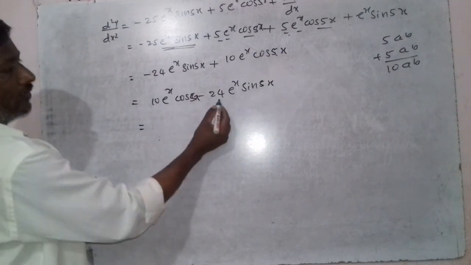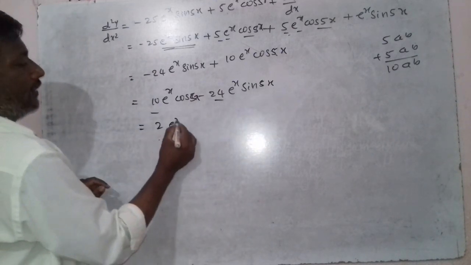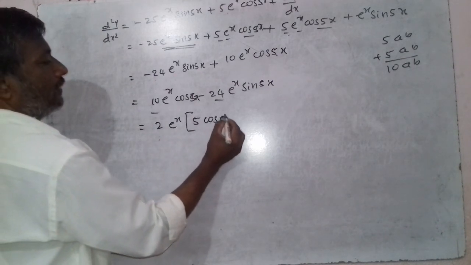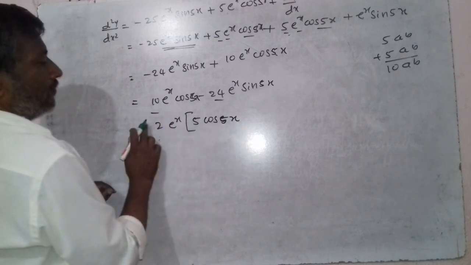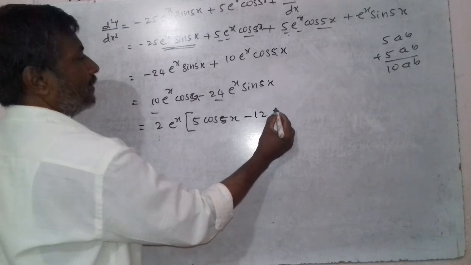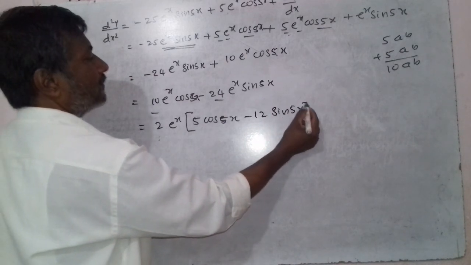Take 2 e raised to x common: this into the bracket 5 cos 5x minus 12 sin 5x.